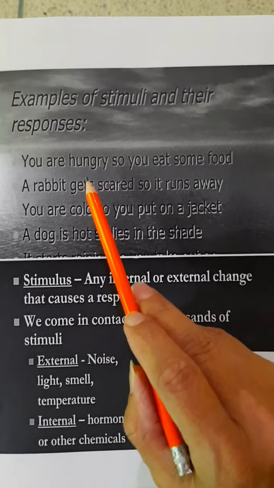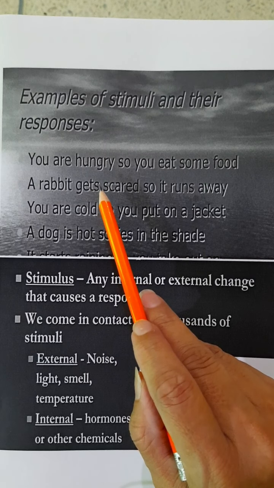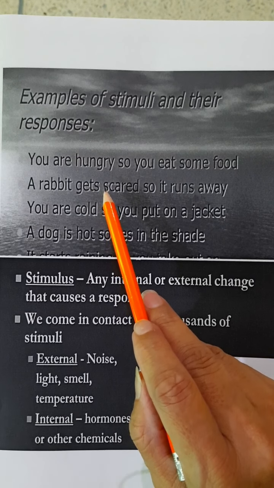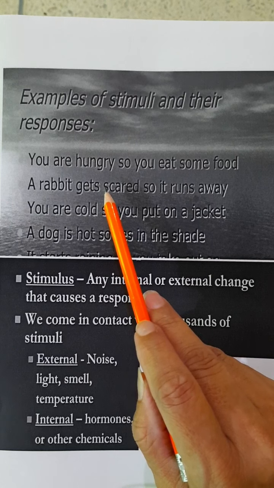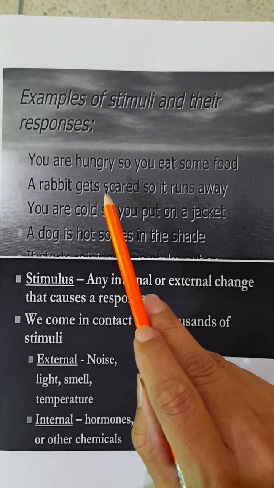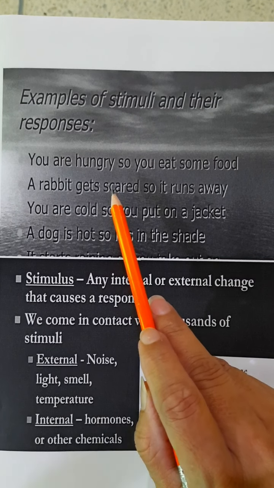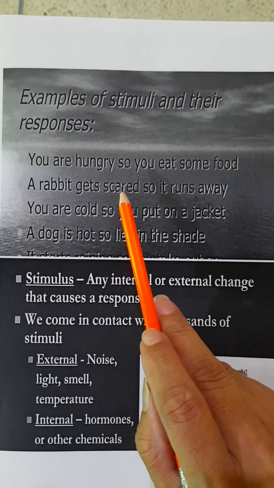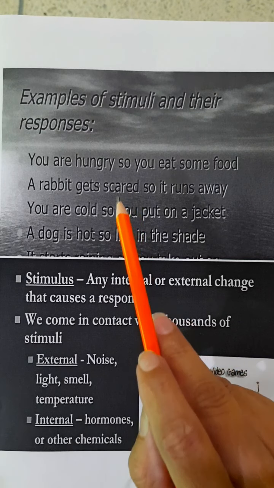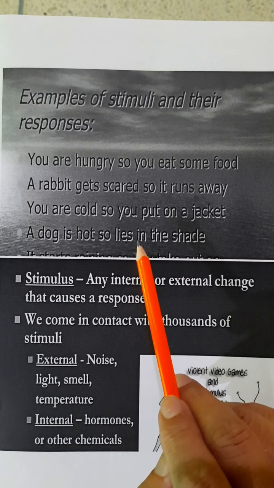Okay. When you are hungry, what happens? You are hungry, it means you are in want of food. Where did you get that hunger? That hunger might come from the outside environment by seeing a delicious, good smelling food, or maybe from inside your body.